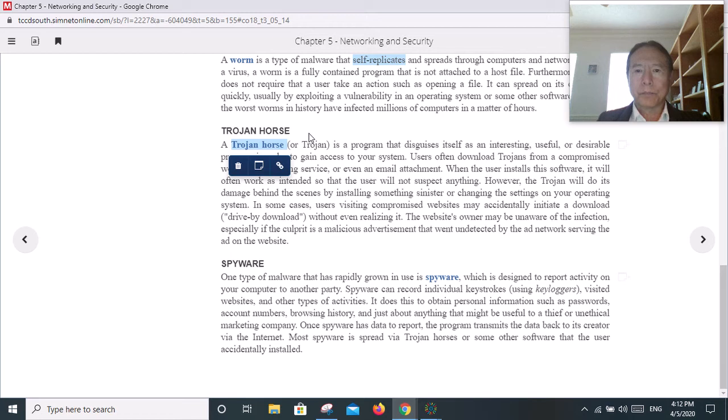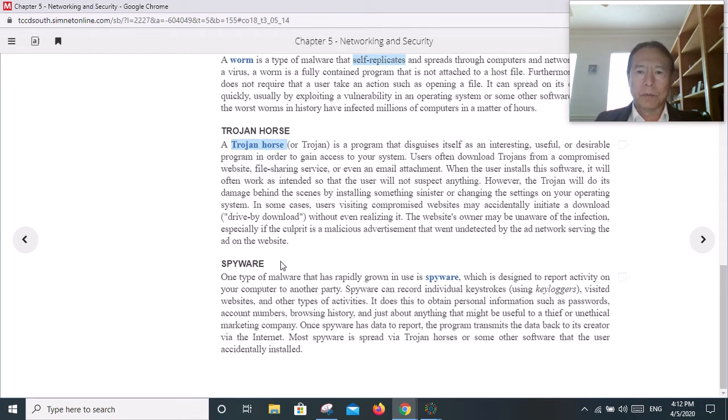So this is this kind of type. You may not know you have this Trojan horse, not until it's time, or you accidentally trigger a certain event, then it will damage your computer.